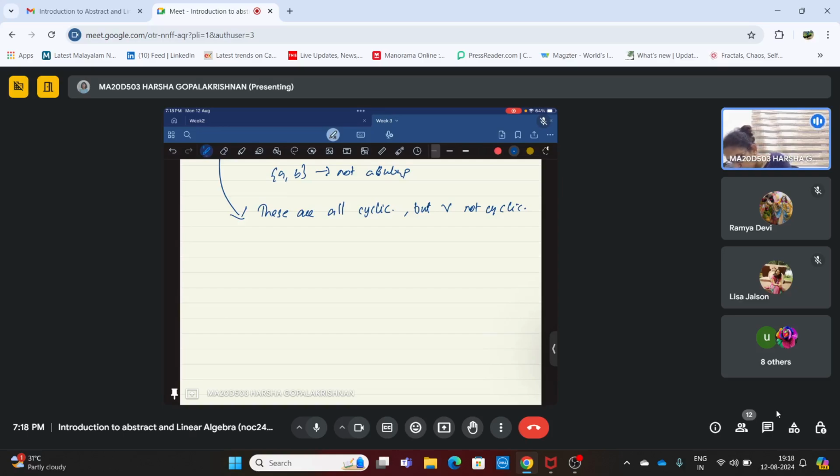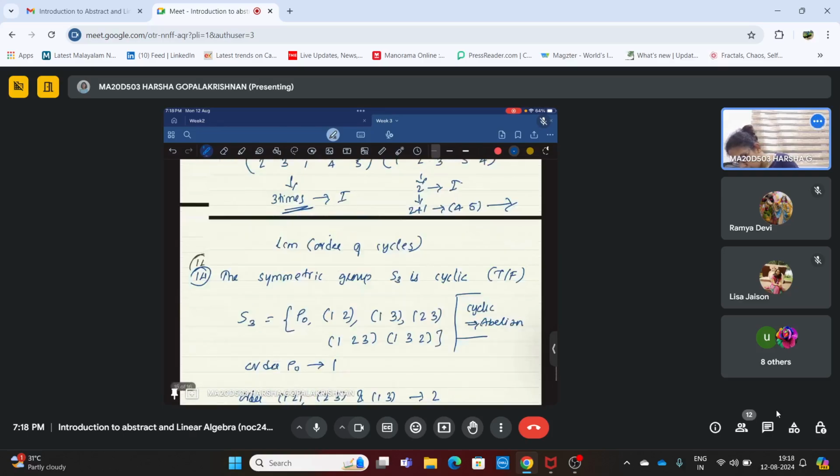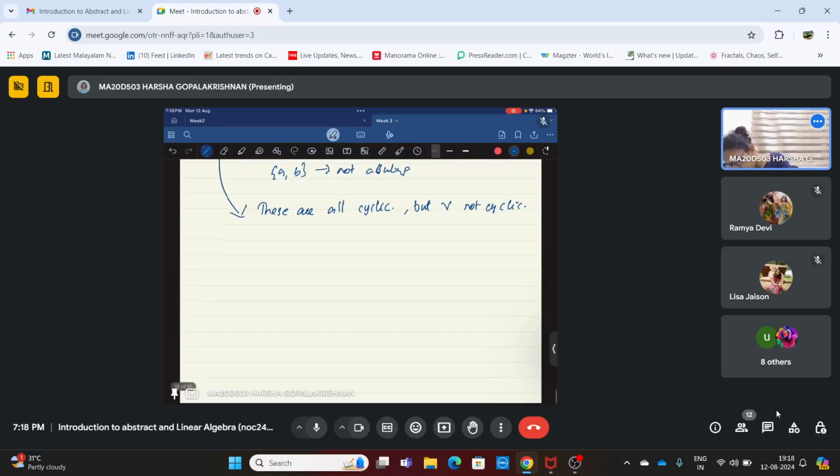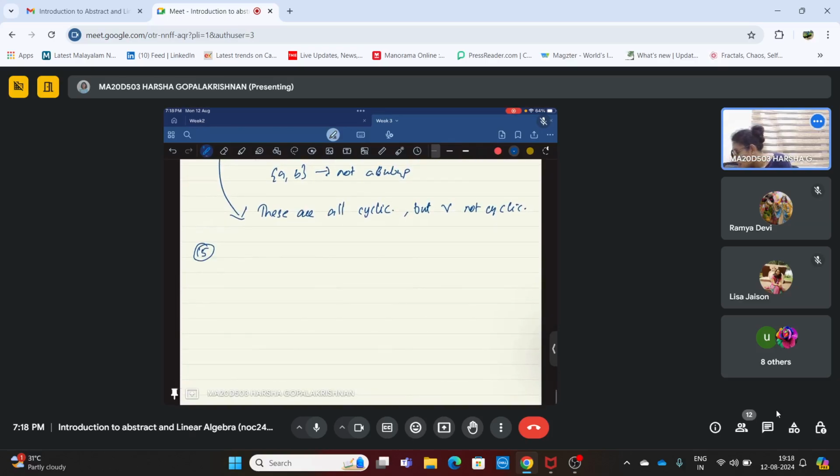Now the next question is, find the generators of Z6 under addition modulo 6. We know what Z6 is: 0, 1, 2, 3, 4, 5 under addition modulo 6.